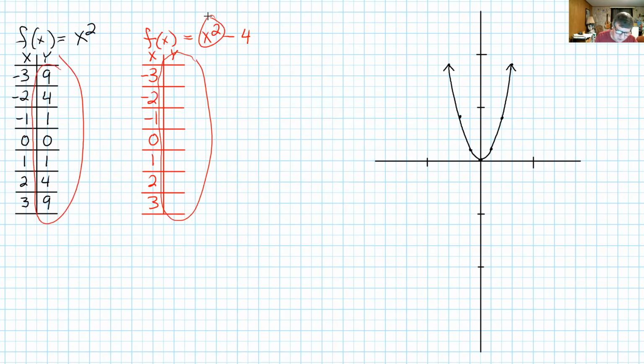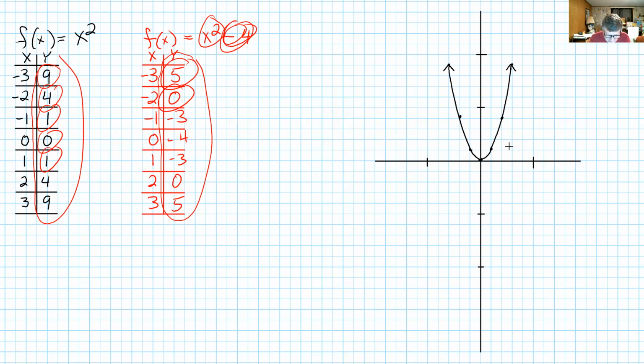Well, the x squared would be the same, but once we find x squared, we're going to subtract 4. So this value is going to be 9 minus 4, which is 5. This value is going to be 4 minus 4, which is 0. 1 minus 4 is -3. 0 minus 4 is -4.